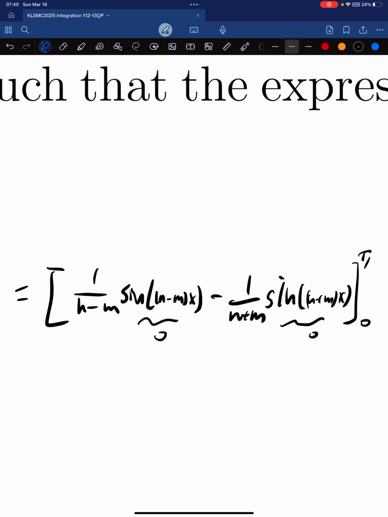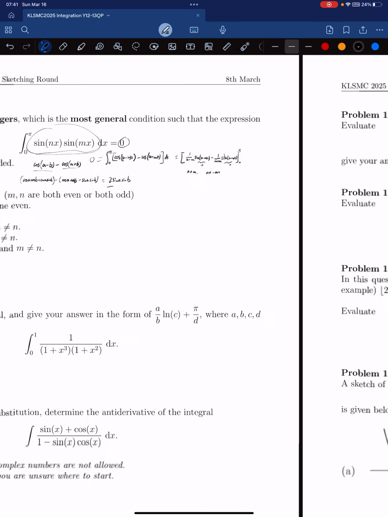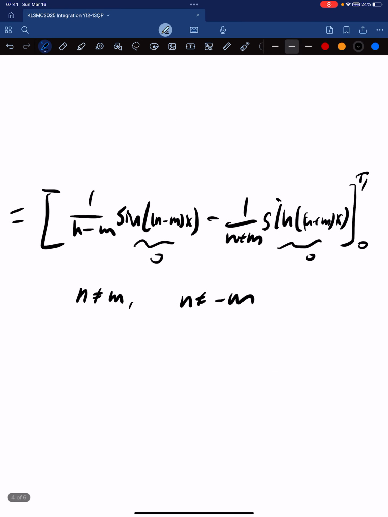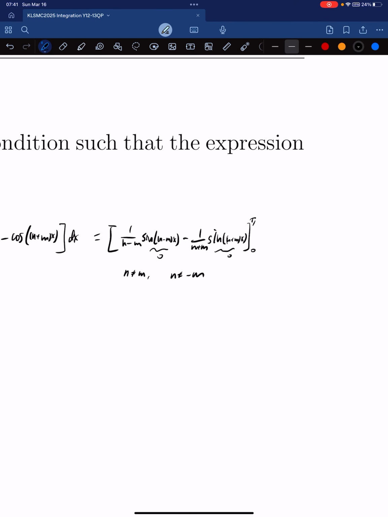Because we have a condition here, n must be different from m, and n must be different from negative m, right? Otherwise the denominator will be 0, which just doesn't make sense anymore.